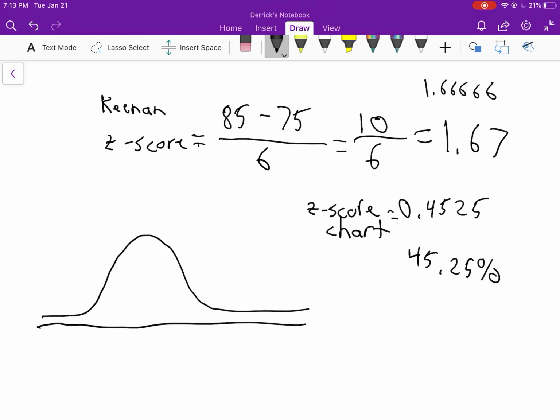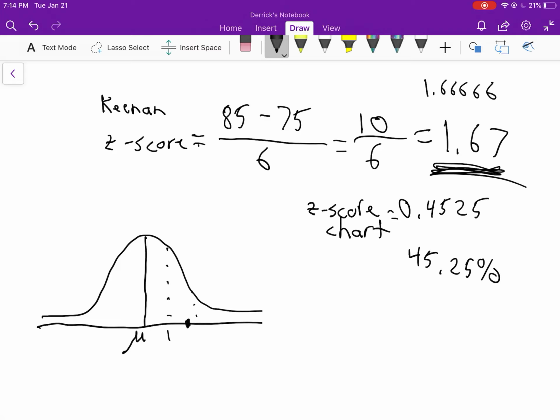If this is your normal distribution, which is not even, so we're going to erase off a little bit of this to make it even. Looks better. Here's your mean. If Keenan scored a 1.67 for his z-score, here's 1 standard deviation, here's 2 standard deviations, he's somewhere around here.